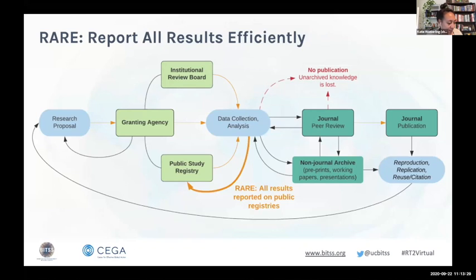I'll show more details on this in a second, but the idea that most people found most compelling was that there are several points in this life cycle where you could intervene or propose a policy or some kind of guidelines for one of these institutions, be it researchers, IRBs, granting agencies, registries, or journals, to impose on their stakeholders in order to improve reporting. We can come back to this, but I just wanted to give you a visual before I got into the details.